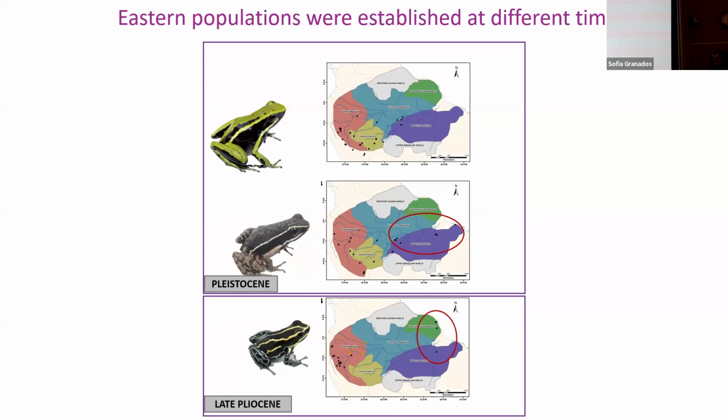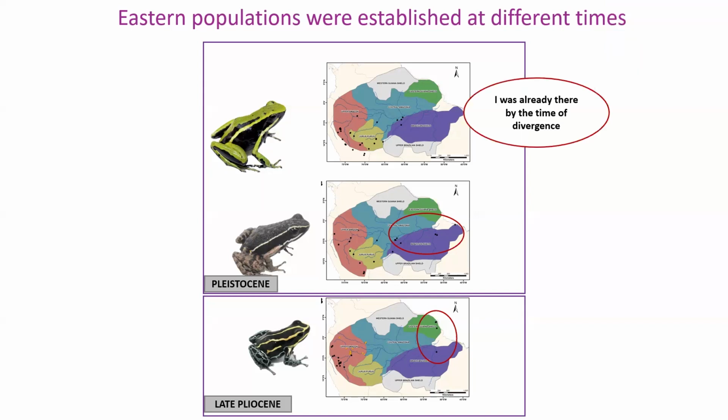For these two Amarega species, it was during the Pleistocene, like 2.5 million years ago. For Ranitomea variabilis it was late Pliocene, a little bit earlier than the other one. With the third species, it's a little bit different, because it was already estimated to be there by the Pleistocene.